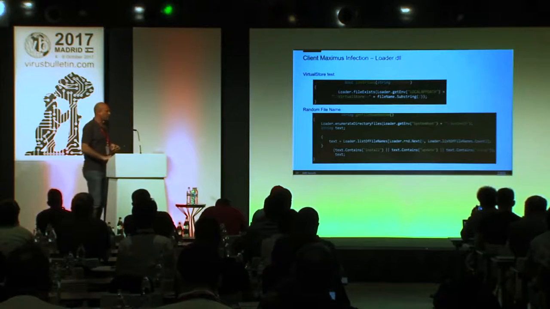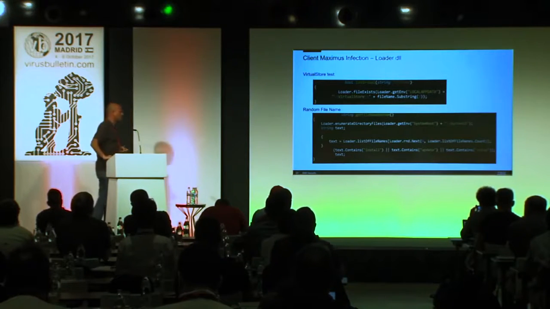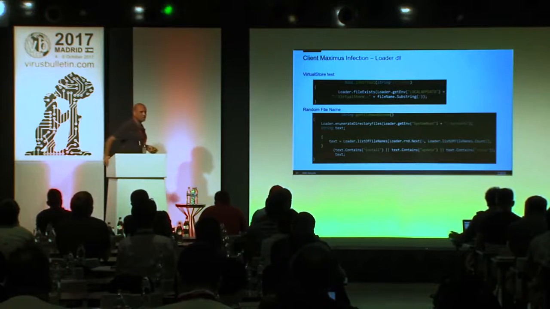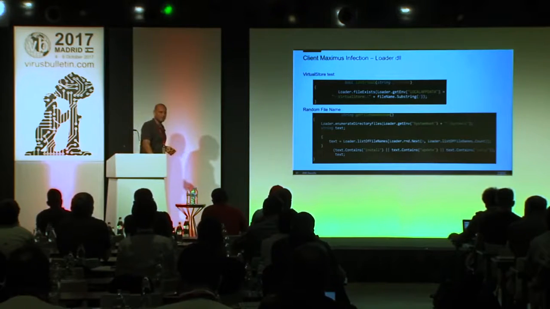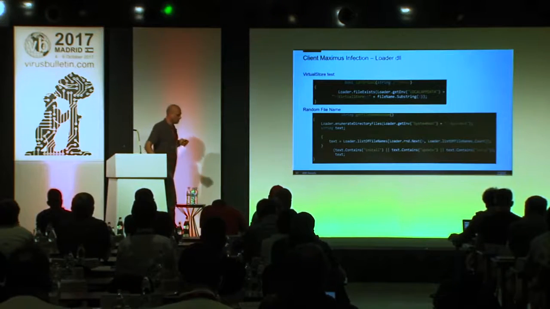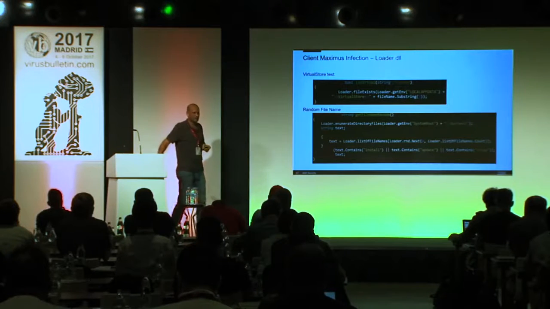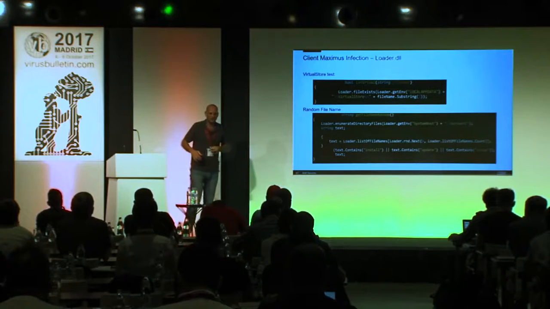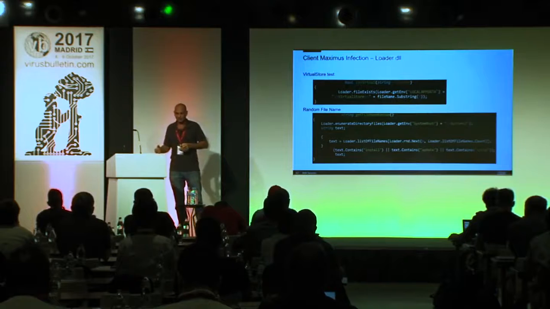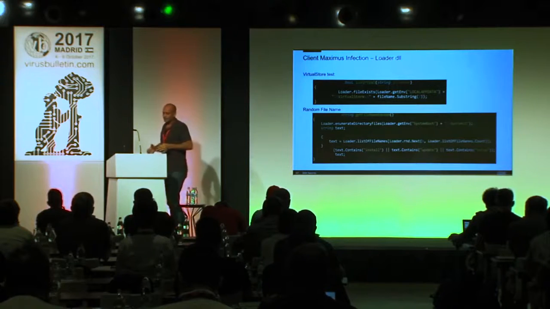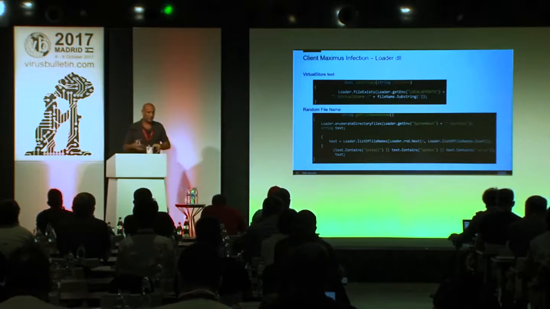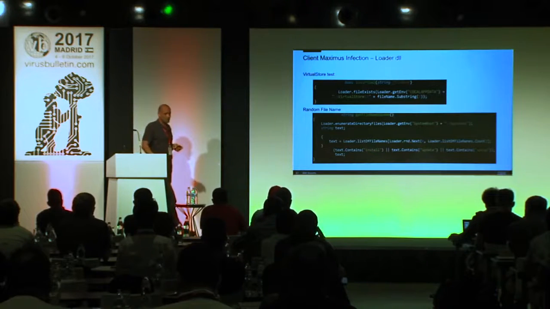You can see the isVirtual method. IsVirtual is checking for virtual store. Virtual store is a feature since Windows Vista that basically takes legacy apps from Windows XP which try to write, for example, to C:\Windows\System32, and gives them a special virtual folder under local app data. So this malware checks that it's not running there.